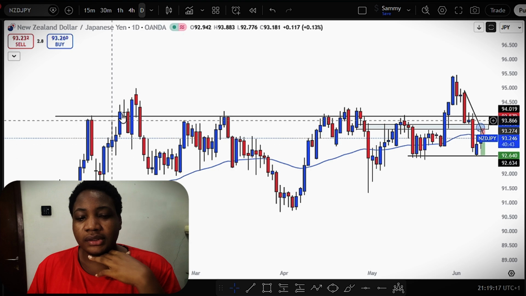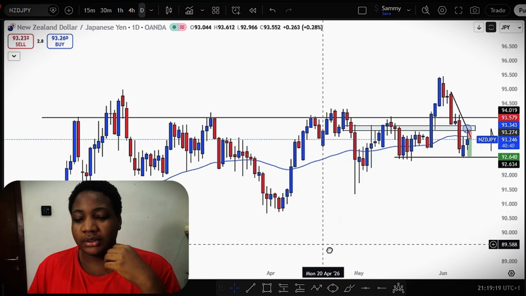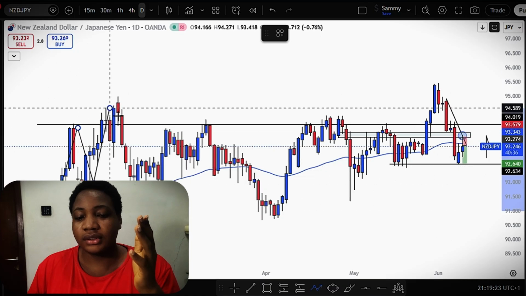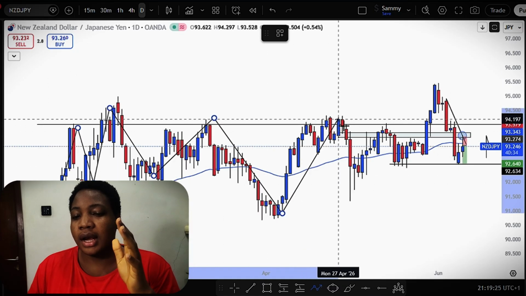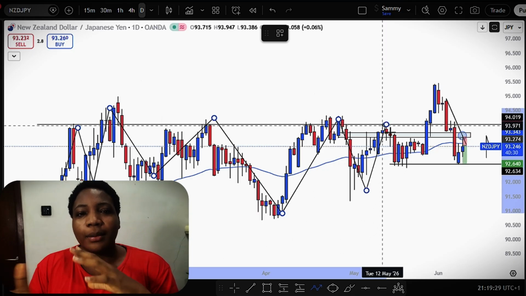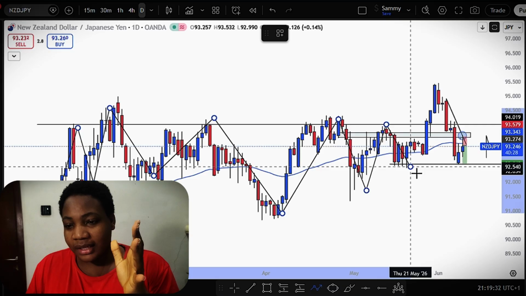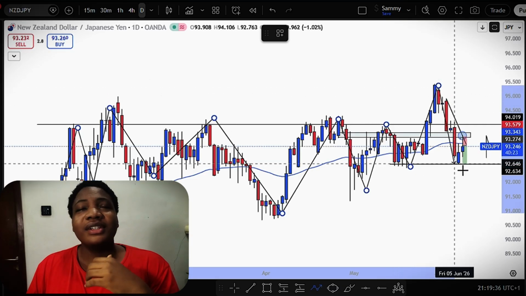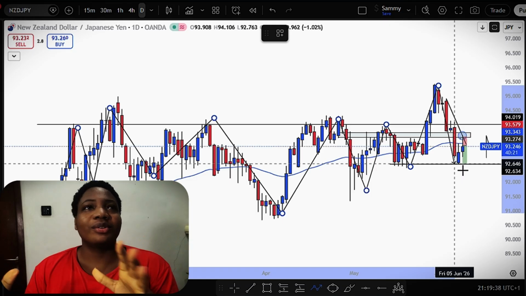So this is what's happening on the daily time frame on NZDJPY. You can obviously see that price is consolidating around this resistance level. So there's a lot of liquidity that was happening there. I don't really trade liquidity like that. I'm not one of those liquidity traders.